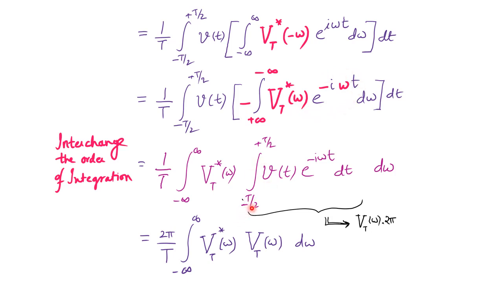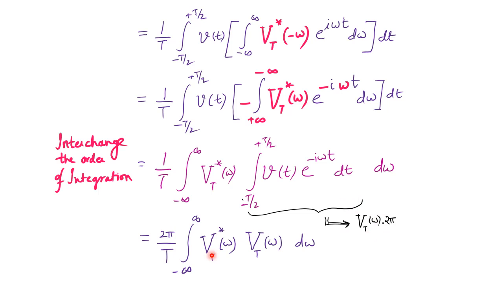So imagine minus T by 2 to plus T by 2, V_T exponential minus i omega t dt. You will clearly see that this is indeed the definition of the finite time Fourier transform, right? Of course, they are multiplied by 2 pi because 1 over 2 pi times this was the definition of V_T omega.